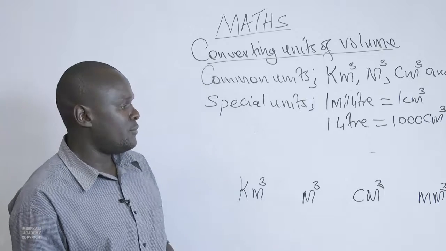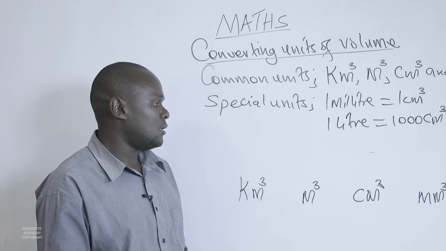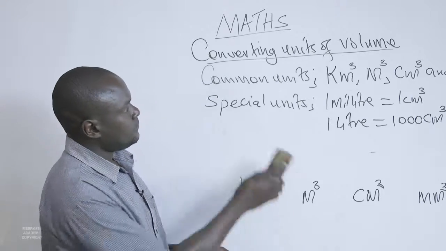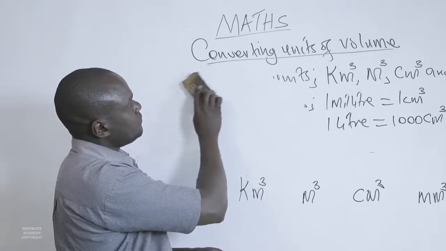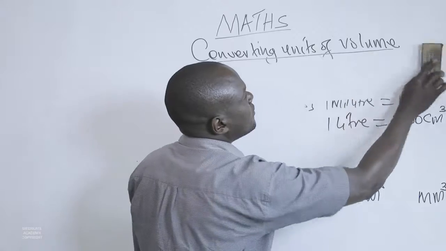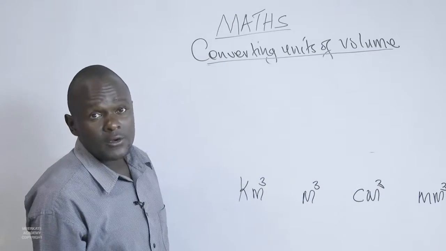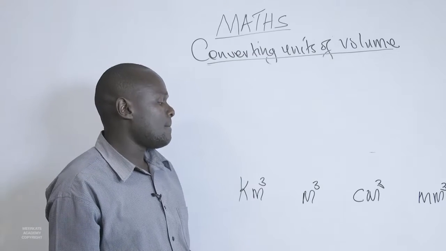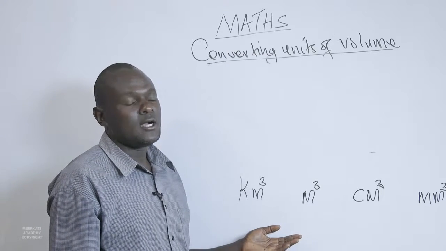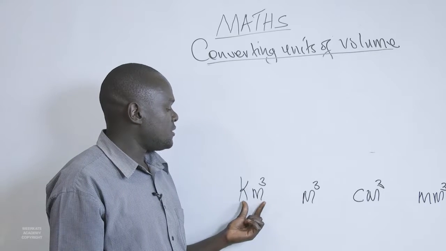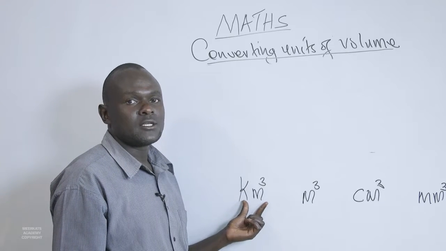These are the four basic units that we would like to start with. And to do that, we are going to start with looking at the basic units, before we arrive at a cubic kilometer.